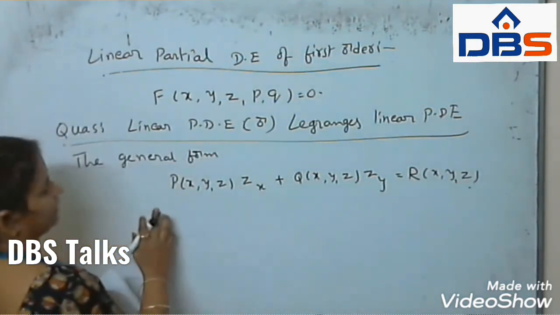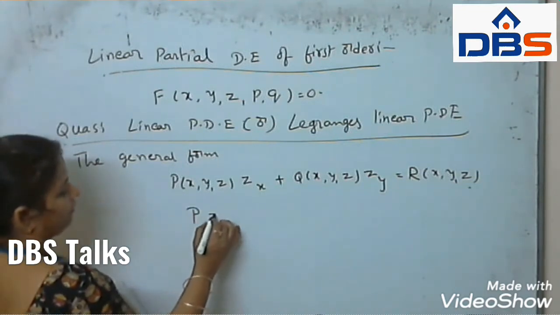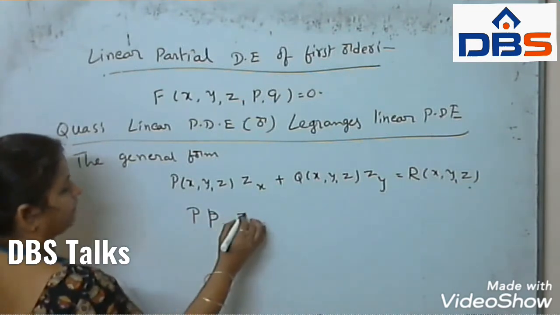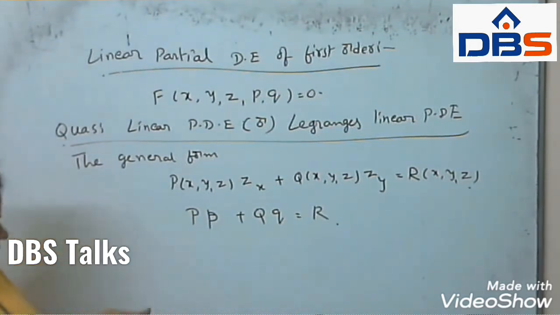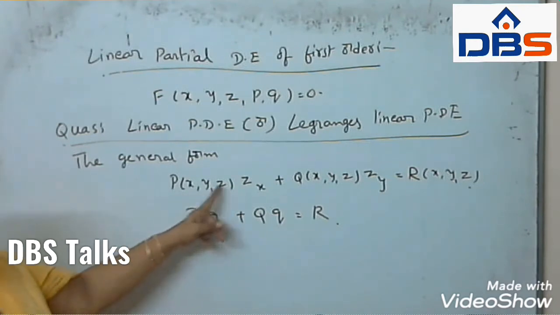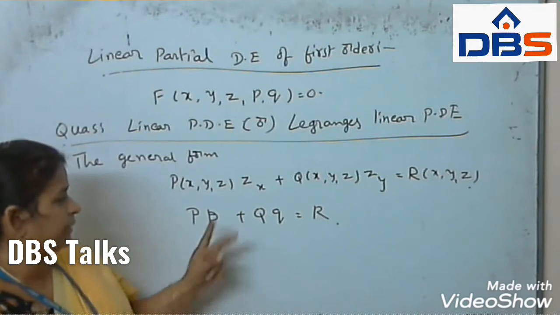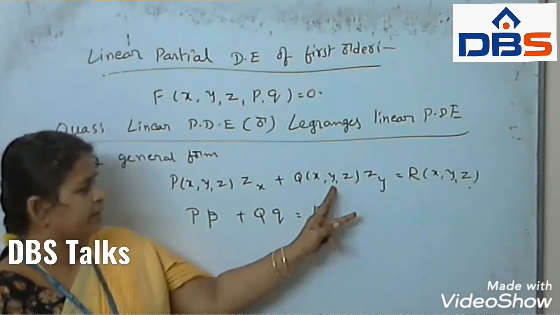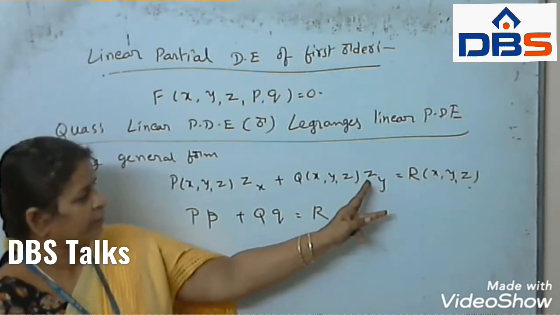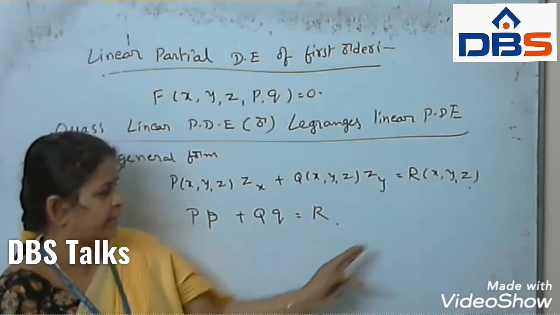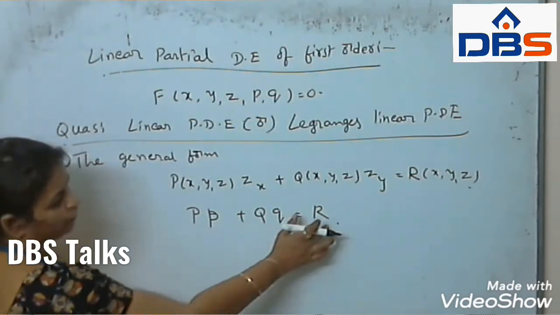So the Cauchy linear equation would be like this: Pp plus Qq equal to R. P means a function of x, y, z. zx means the derivative of z with respect to x, that is p. Q is a function of x, y, z, and zy is the derivative with respect to y. R is a function of x, y, z. So simply we can write it as Pp plus Qq equal to R.